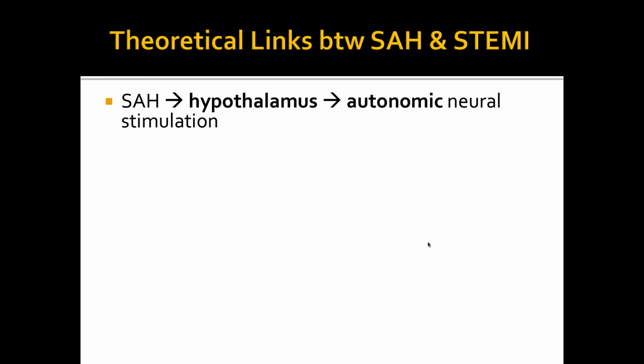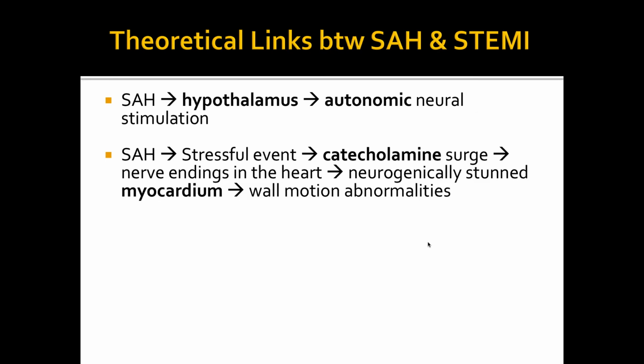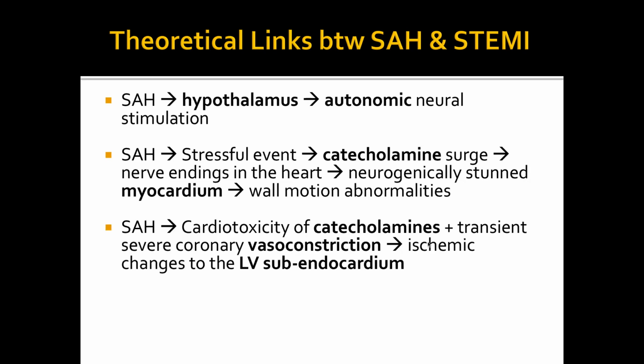And the idea is that when you have a subarachnoid hemorrhage, the hypothalamus causes a catecholamine surge. And catecholamines are cardiotoxic, kind of like cocaine. So basically, it acts on the autonomic nerve endings in the heart. The myocardium goes into some kind of neurogenic stunning, and then you have wall motion abnormalities that show up on the EKG.